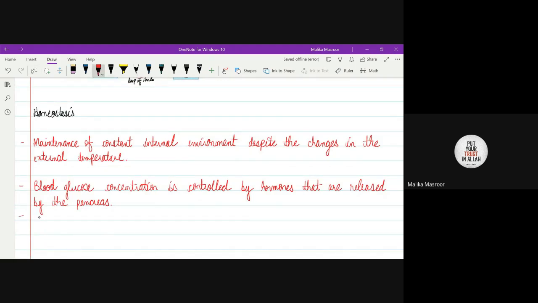If blood glucose concentration is high, insulin is released.